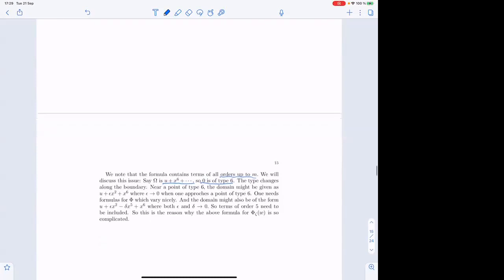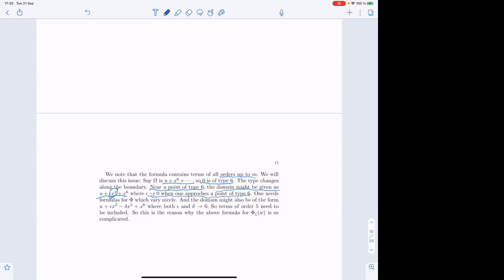So we have to take into account that when you are near a point of type 6, the domain might be given as something nearby. It could have some second order term making it strongly pseudoconvex, but the epsilon goes to 0 when you approach the point.